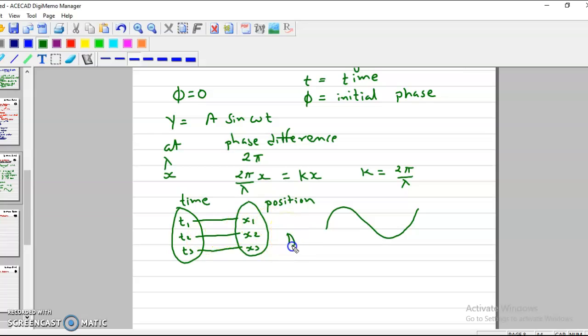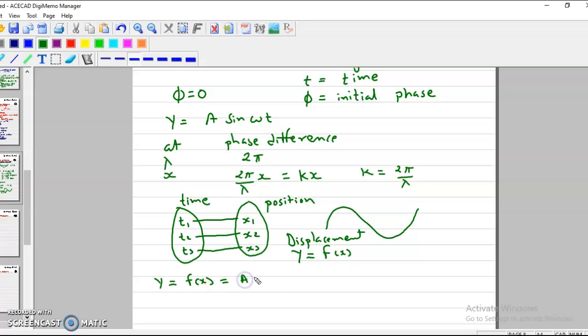Therefore, the displacement of the particle, y, is equal to a function of x. So we write f(x). Now the formula will be y is equal to f(x). Now the particle is not at the origin but at any point x.